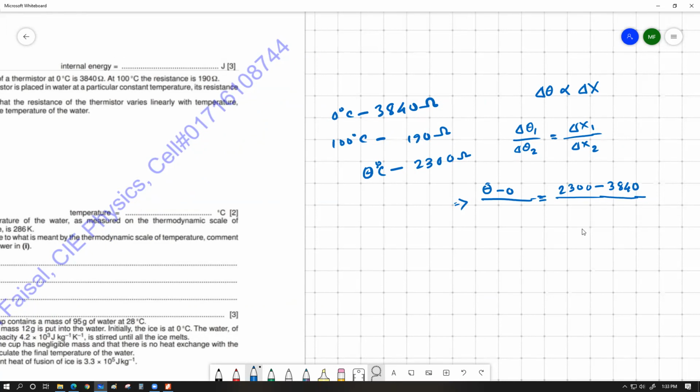On the lower side, we can write 100 minus 0 and place the relevant resistance values: 190, which was for 100 degrees Celsius, minus 3840, the resistance at 0 degrees Celsius. Solve this equation to find the value of theta.